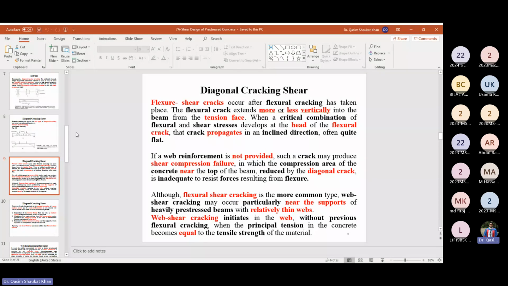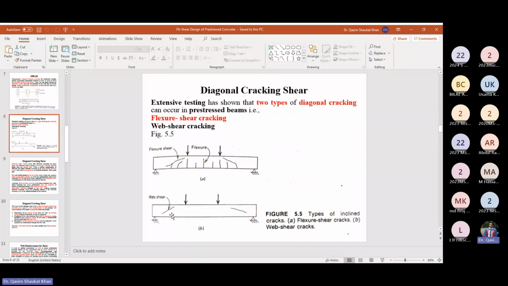What we were discussing last time is that the web shear crack is inclined at an angle of almost 45 degrees, whereas this flexural shear crack is much flatter as compared to the web shear crack. It will not be inclined at 45 degrees.